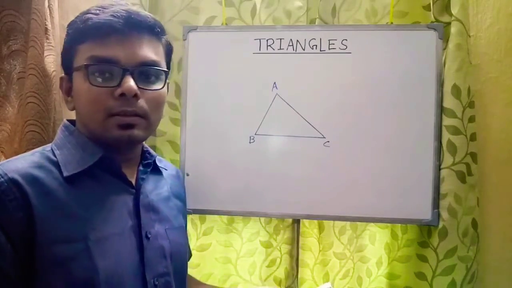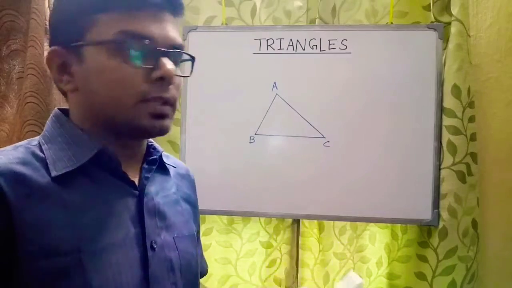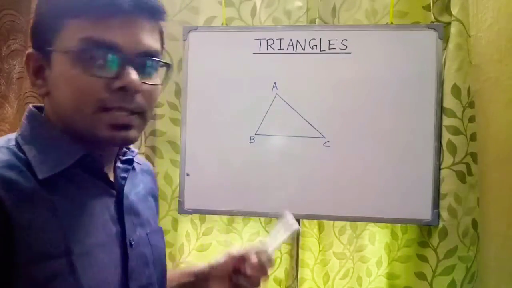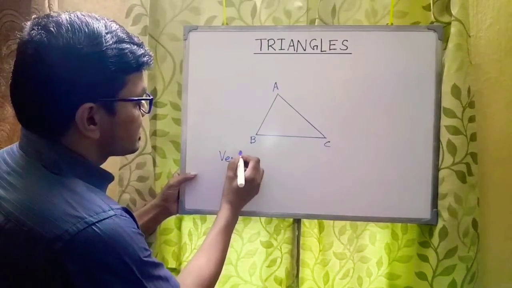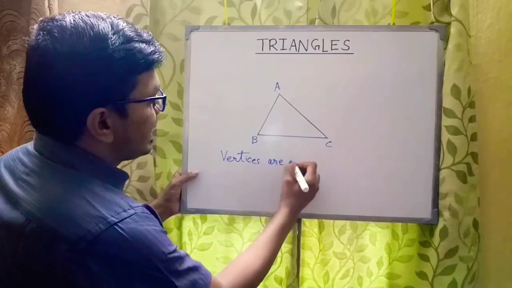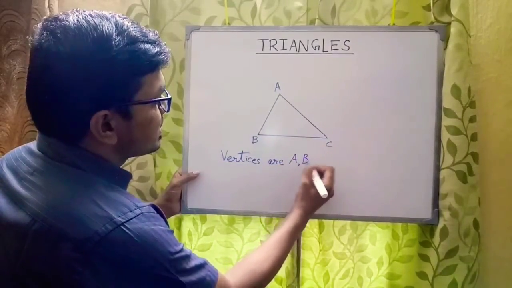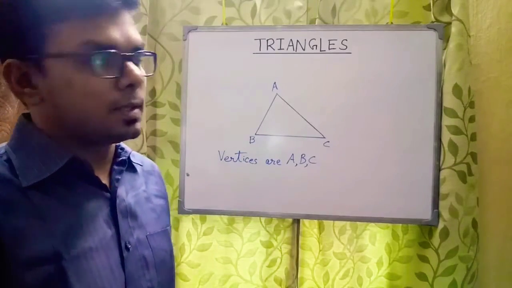But any three English alphabets you can use. So there is no issue on that. But what you must understand is, here the vertices are A, B, C. These are called the vertices of the triangle.